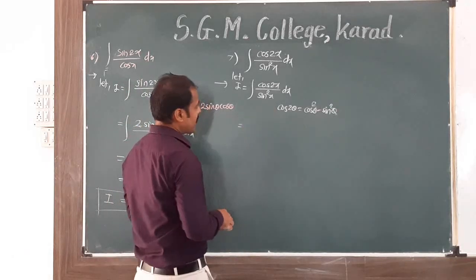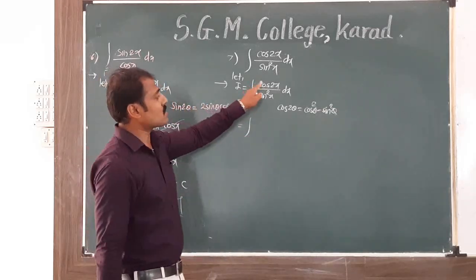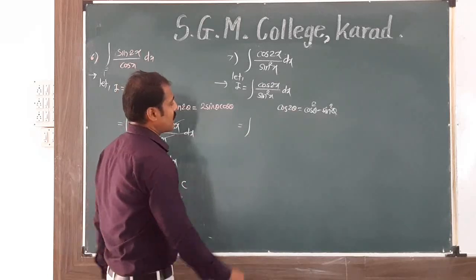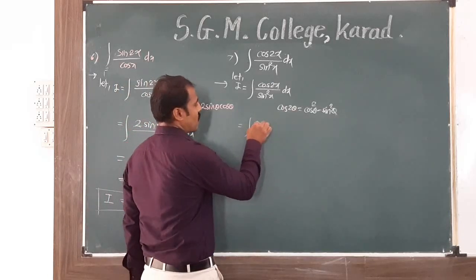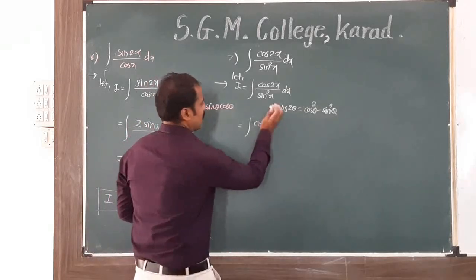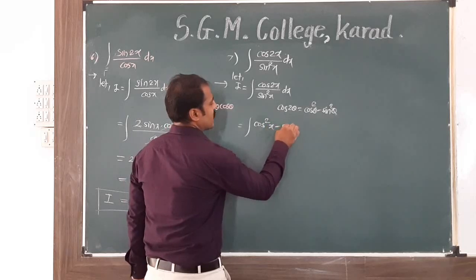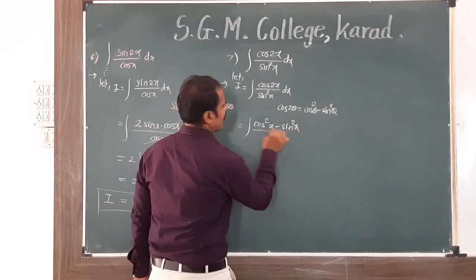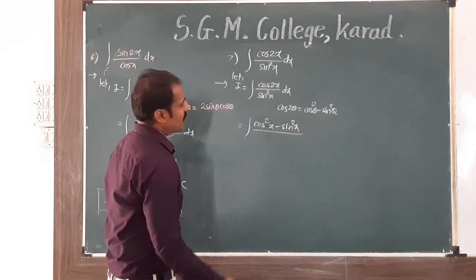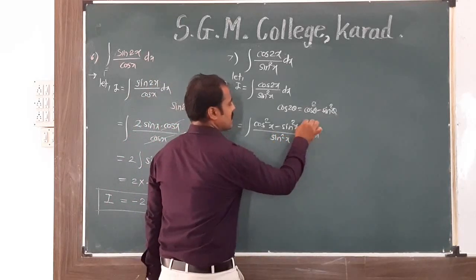Okay, so I can write this as integration of, replace cos 2x by cos square x minus sin square x, so it becomes cos square x minus sin square x divided by, yes, denominator as it is, sin square x as it is.